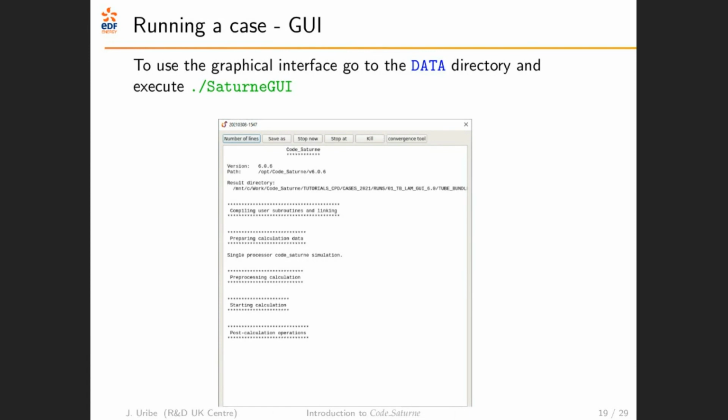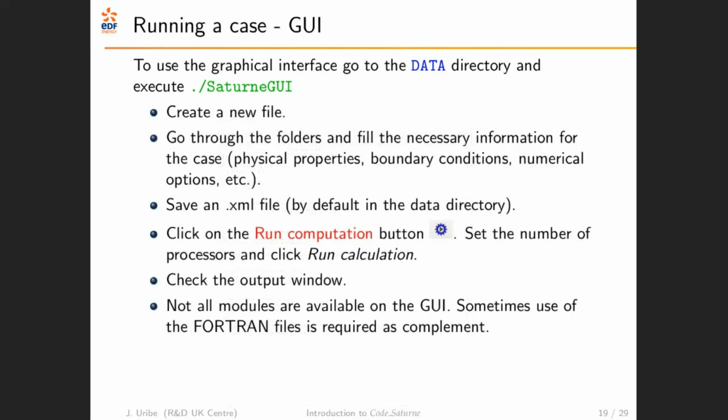And once all that is done, it will start the calculation. And then at the end, it will just tell you that it's done some post-calculation operations and finish. And you have some buttons at the top of this window that allow you to stop the calculation or kill it, and also a convergence tool.